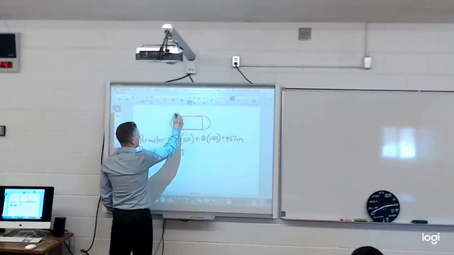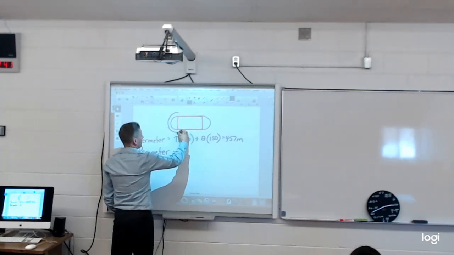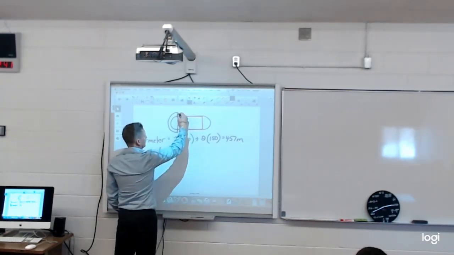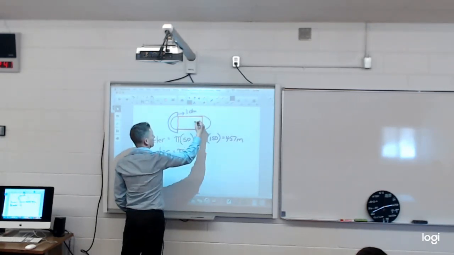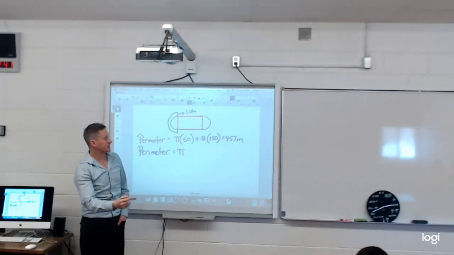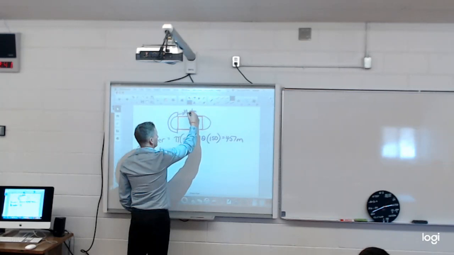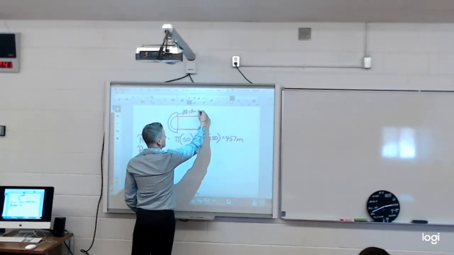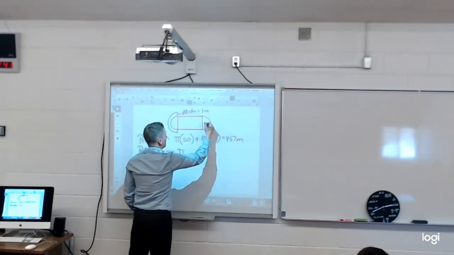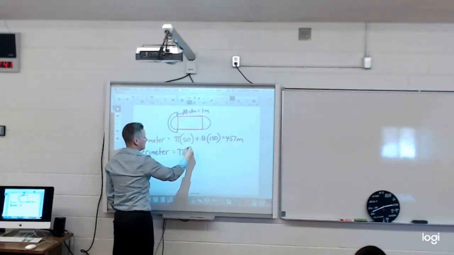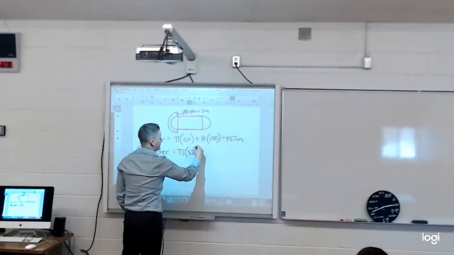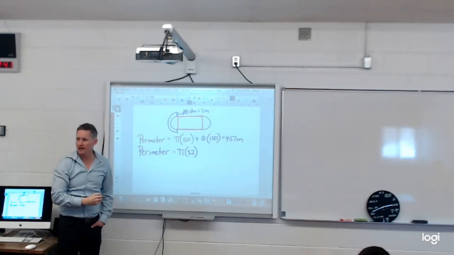Okay, so this part right here, it says that that length right there is 1 decimeter, or no, 10 decimeters. Doesn't it say 10? Yeah. 10 decimeters, which is equivalent to 1 meter. So that adds on 1 meter here and 1 meter here. So the diameter then is 52. Does that make sense? Yeah?